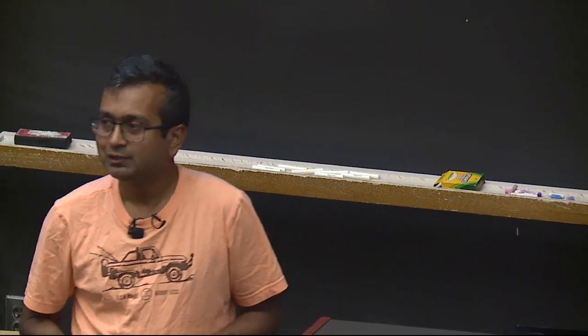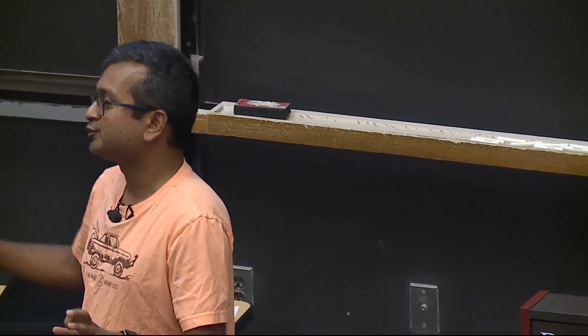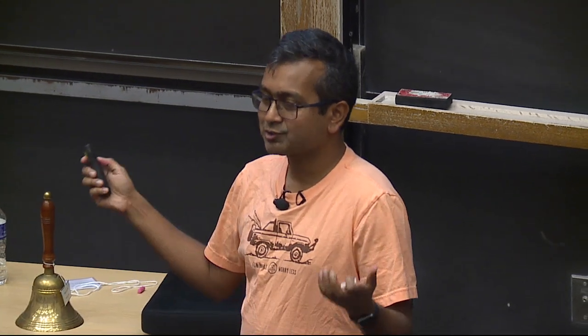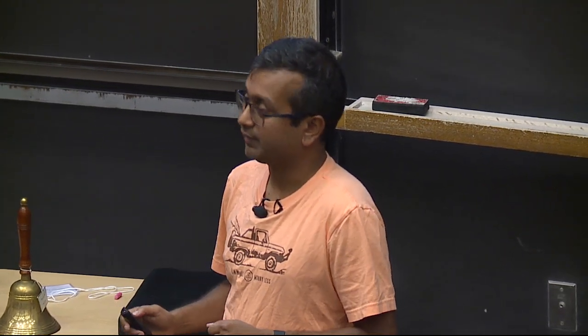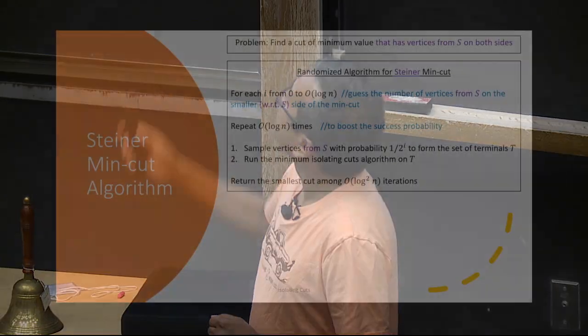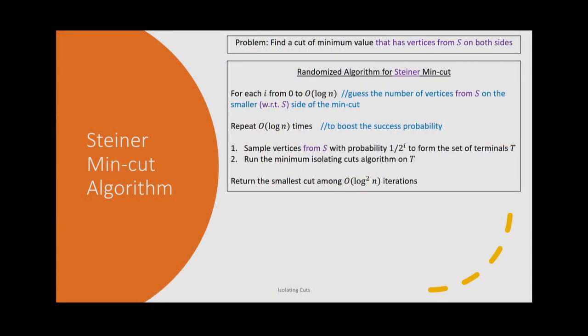So how does isolating cuts solve this problem? Well, actually by completely trivially extending what I just gave you as the global min-cut algorithm. So here's my extension, and I have marked the parts that are new in purple.